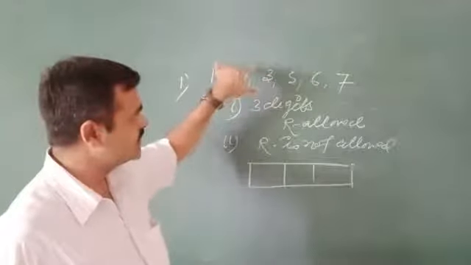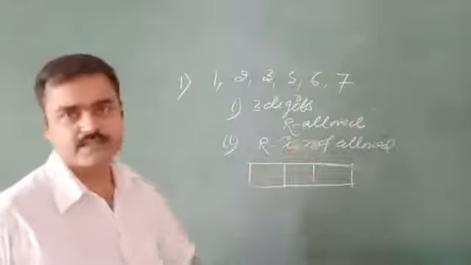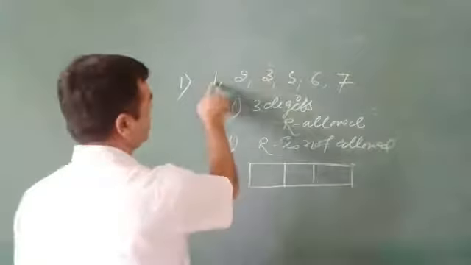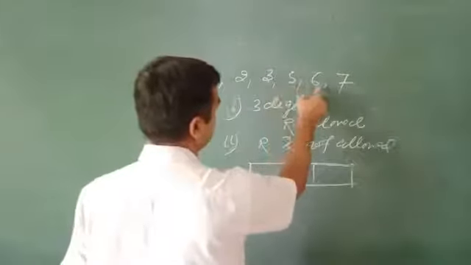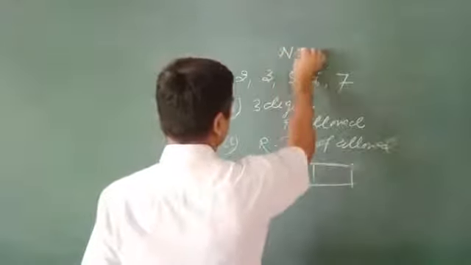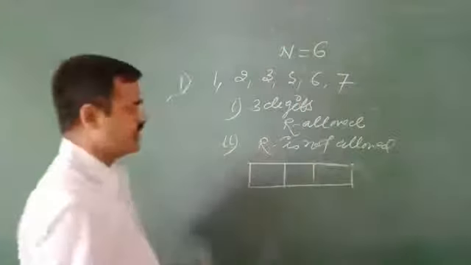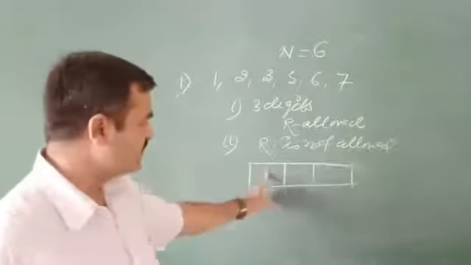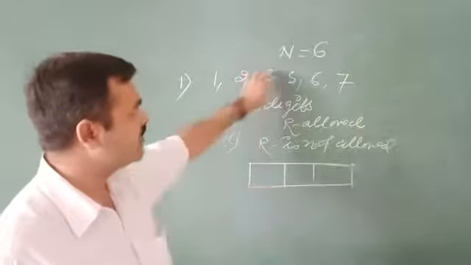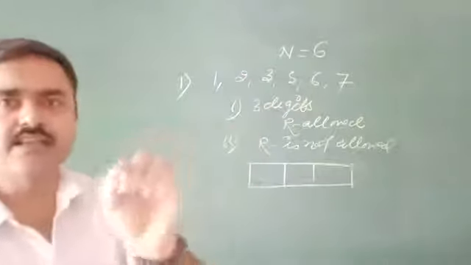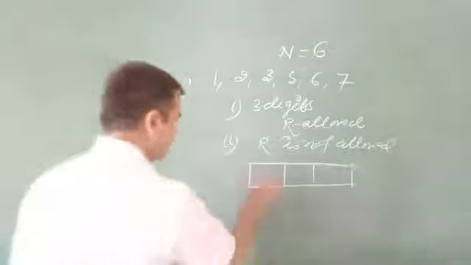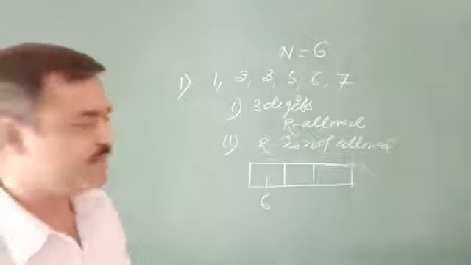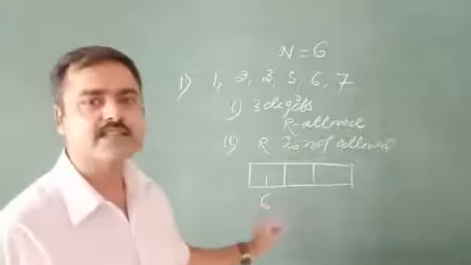If you count 1, 2, 3, 4, 5, 6, the total digits are 6. If you fill the first box, then out of 6 digits any digit can be filled here in 6 ways.